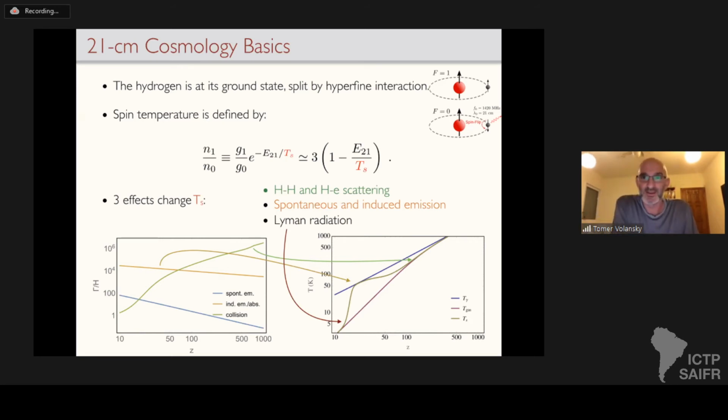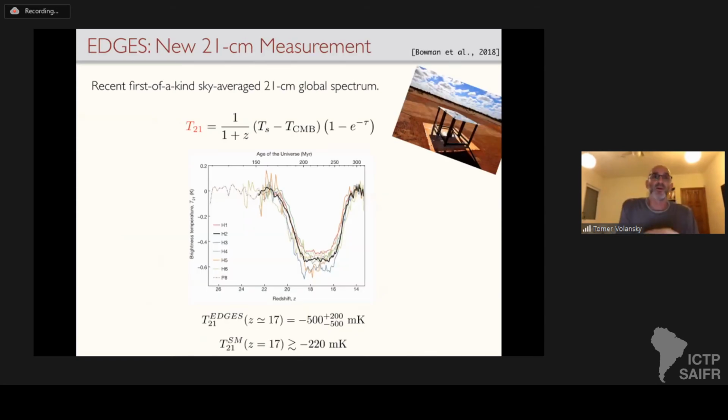All right, so there was this EDGES measurement that measured the so-called 21 centimeter temperature, which is basically the difference between the spin temperature and the CMB, and they measured it to be way below the expected value for standard model lambda CDM cosmology.